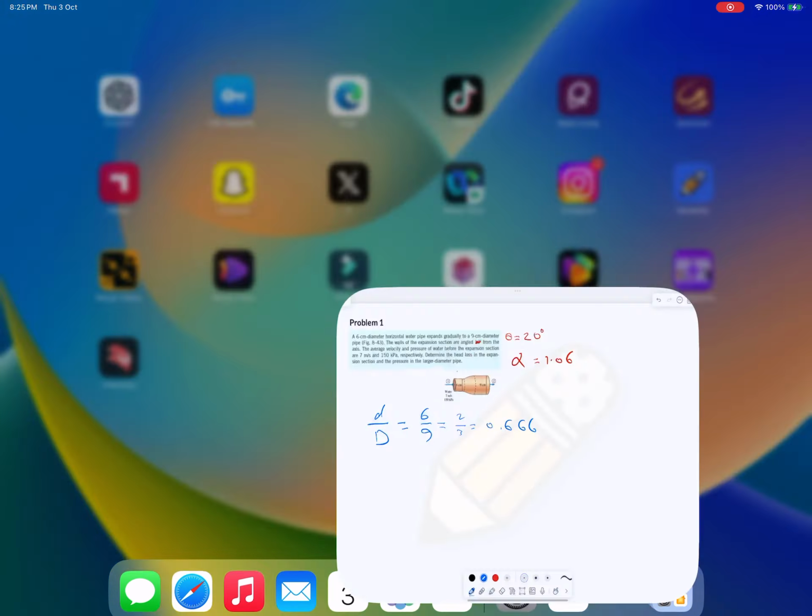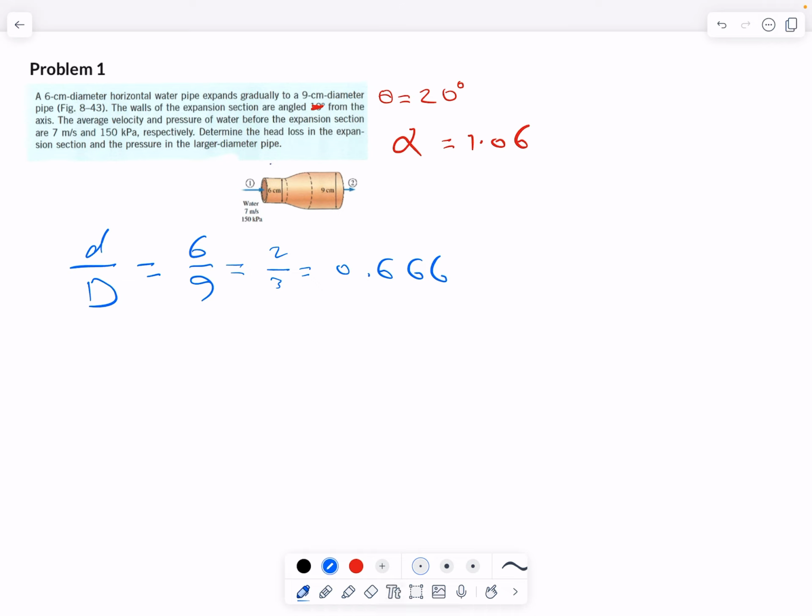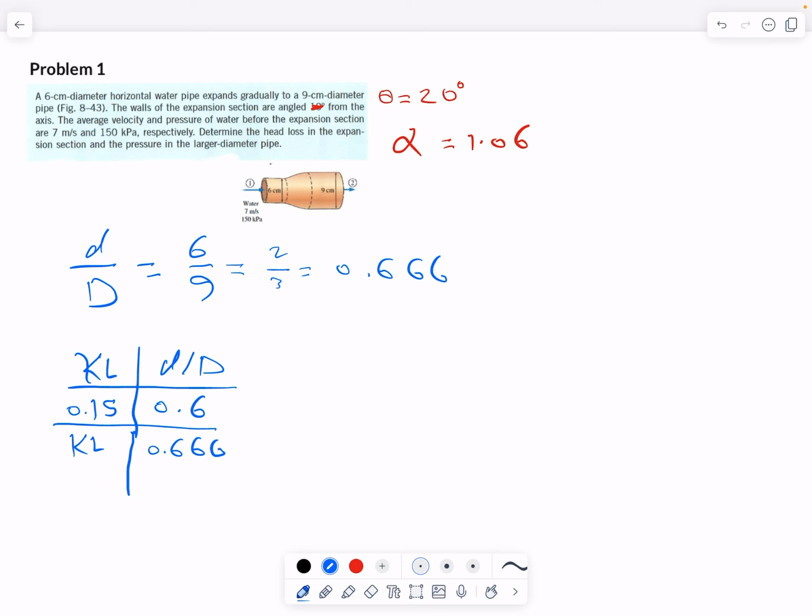It's very simple math. Now we will say KL, and then we have d over D, then we have 0.15. This is all from the table. Then we have 0.666, but we don't know the KL for it, so I will just call it KL2, and then this is 0.1, this is 0.8.